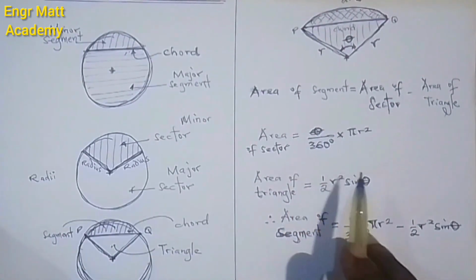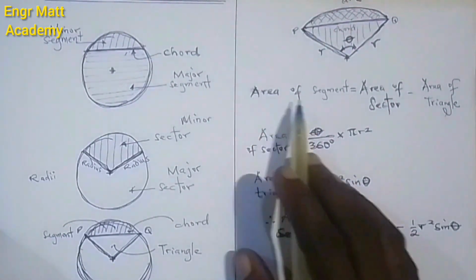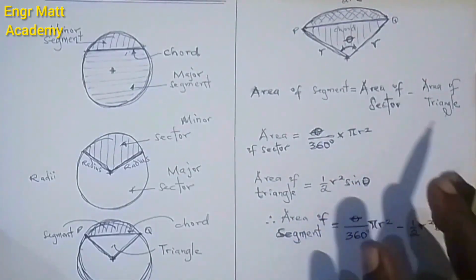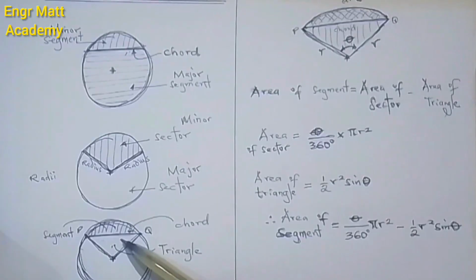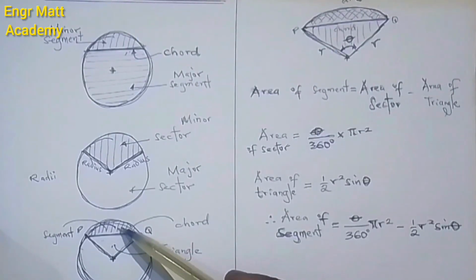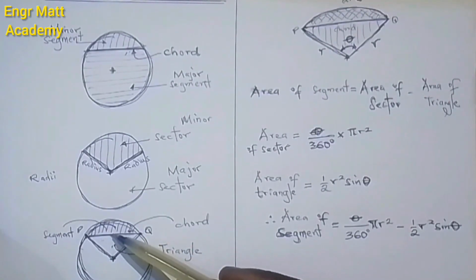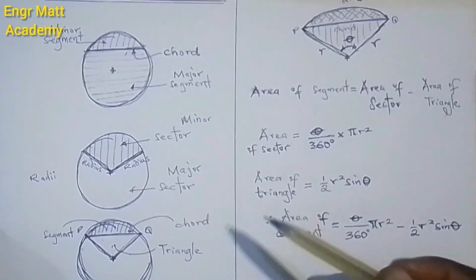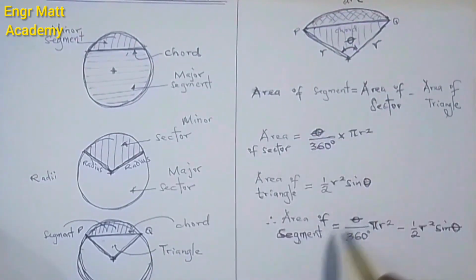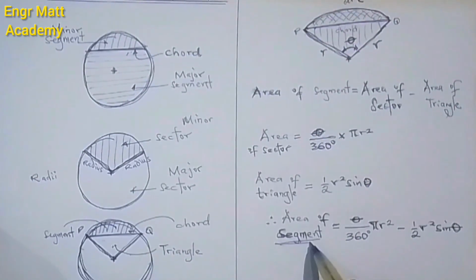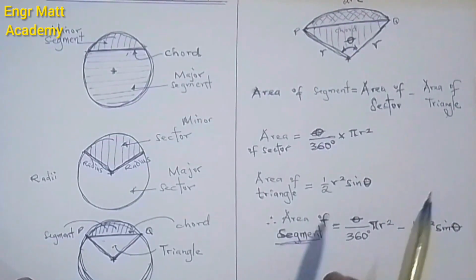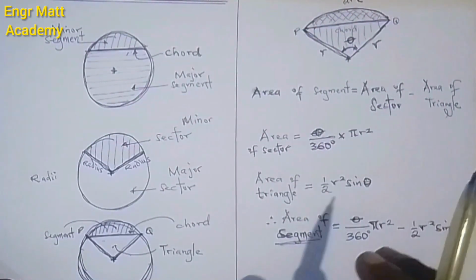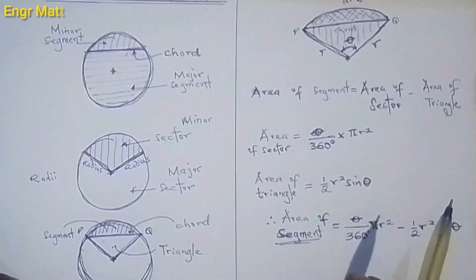Then we concluded by saying that to find the area of a segment, all we need to do is to subtract the area of the triangle from the area of a sector. If we do that, what is left is the area of the segment. In the next lesson, we are going to discuss how to calculate the area of a segment step by step.